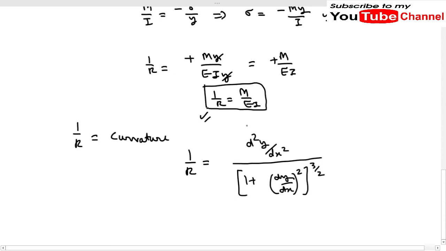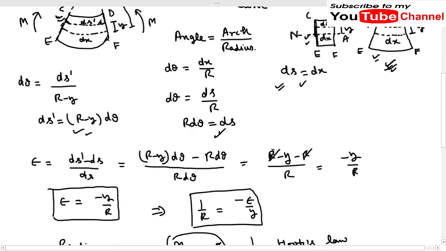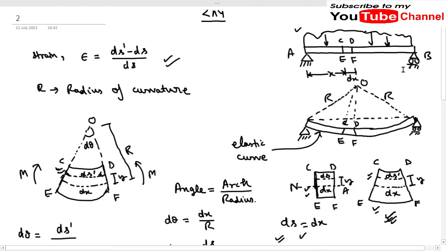So what is dy and what is dx? dx is the length of the element at a distance x, and y is the distance in the upward direction from the neutral axis of the beam. So this is our y.